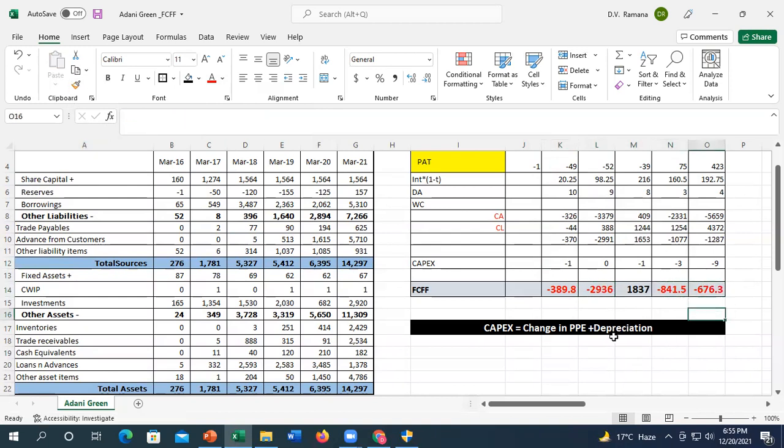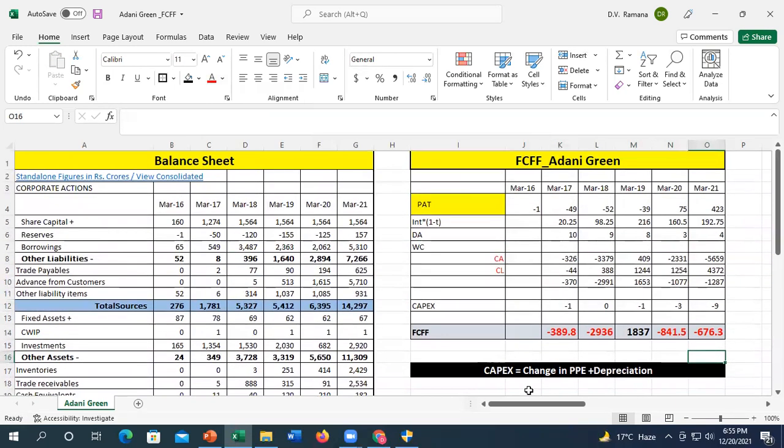Out of 5 years, in 4 years the company is not able to generate the free cash flows to make the money available for the investors, both debt holders and equity holders. So the company is having positive PAT of late, and revenues are rising, and they're claiming that they're creating wealth for the shareholders, but the company is not able to generate the free cash flow.